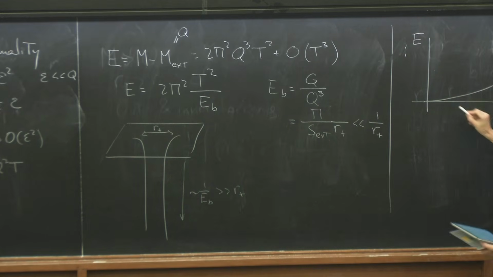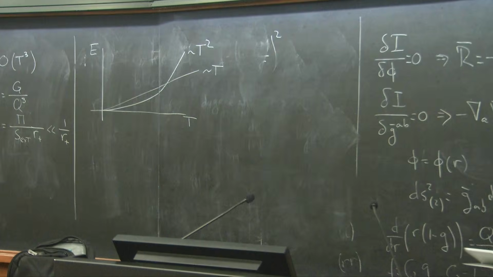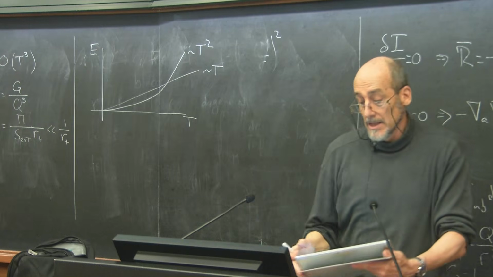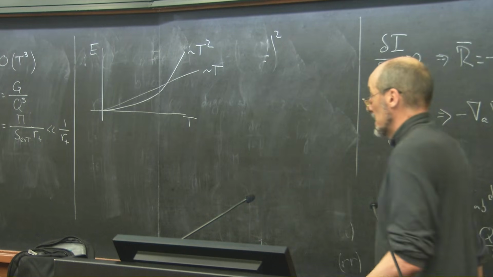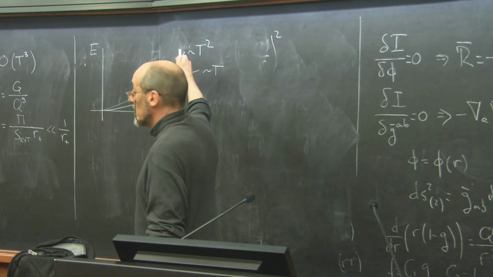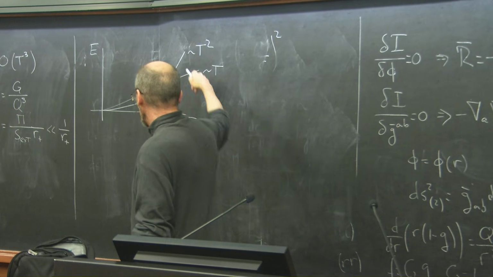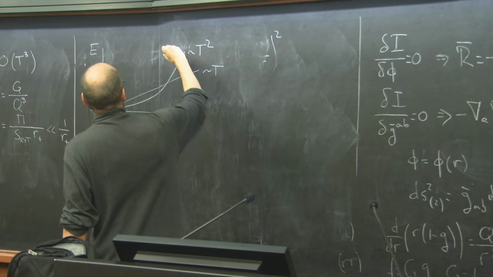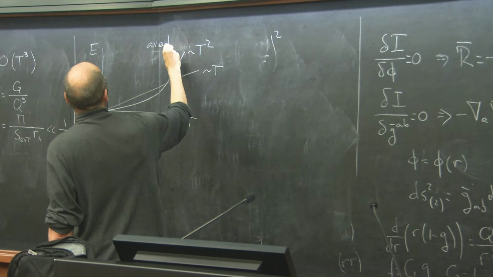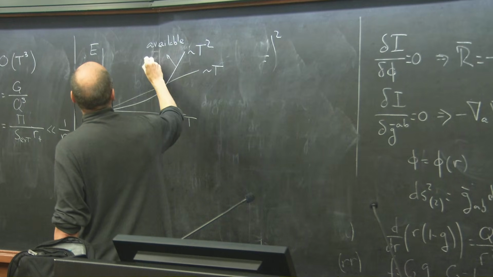So then the typical energy of a Hawking quantum would be linear in T. And this diagram tells us that something is going wrong here. If we have a large temperature, then this is the available energy to emit radiation.